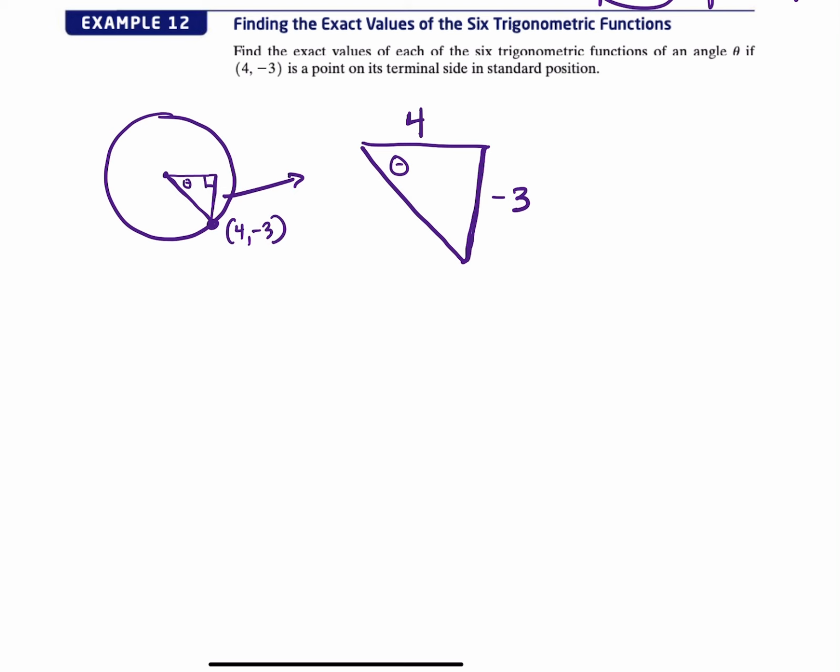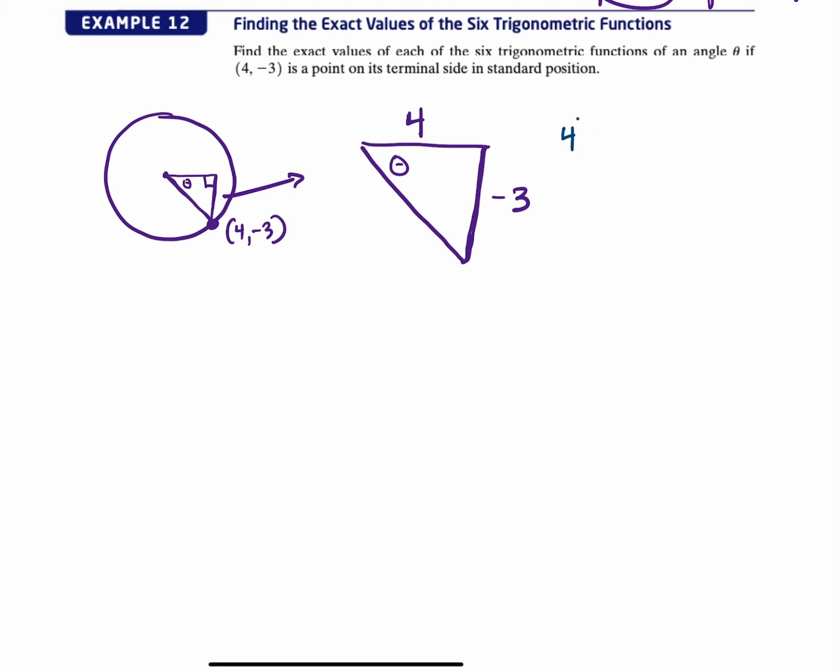So if we can find out what the radius is, then we can just use SOHCAHTOA on this angle to answer all of our trig function values. So that's what I would suggest. Let's first find this missing radius via the Pythagorean theorem.